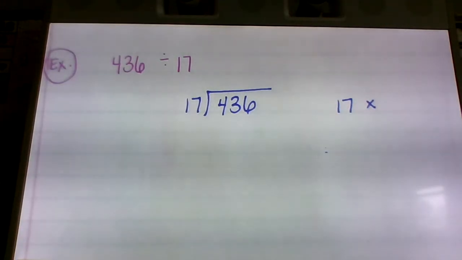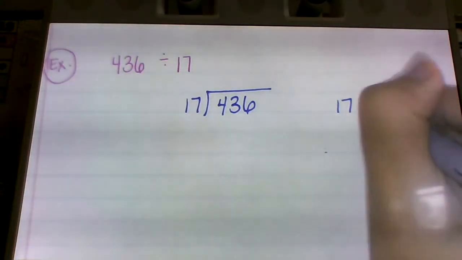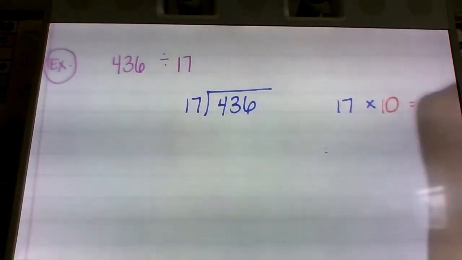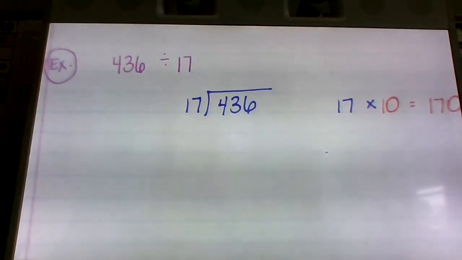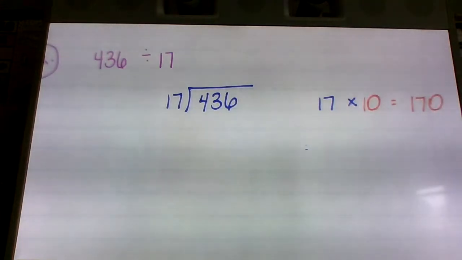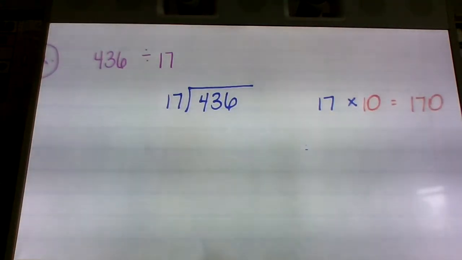My students this year, they know their tens very well. So they would be able to tell me that 17 times 10 is 170. What do I do with that 170? What do I do with that partial quotient? I'm going to subtract it from my dividend.